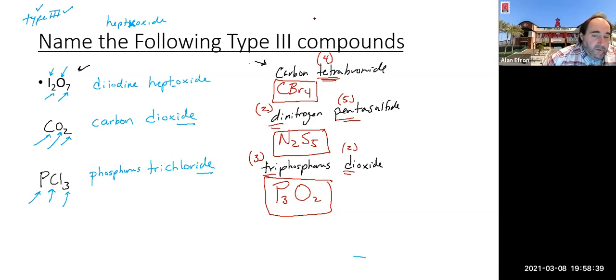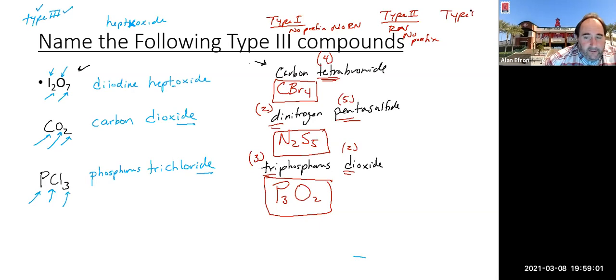So to reiterate, type 1, no prefix, no Roman numeral. Type 2, you need a Roman numeral, no prefix. Type 3, which is what we're talking about here, prefix, no Roman numeral.